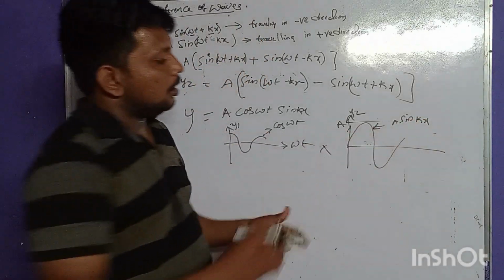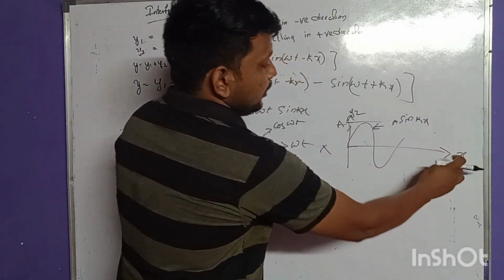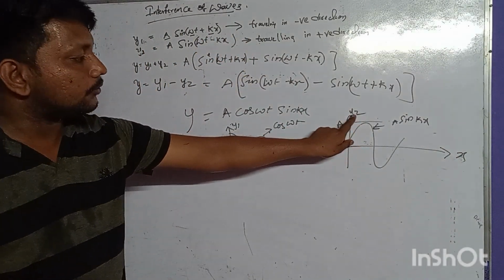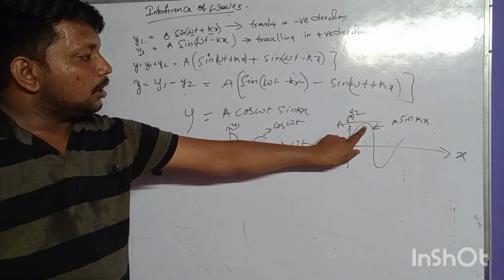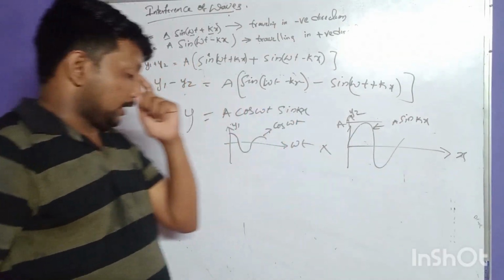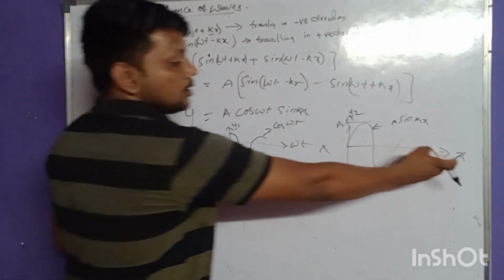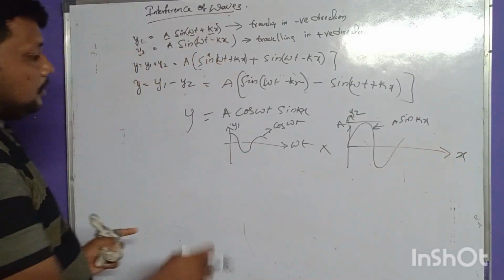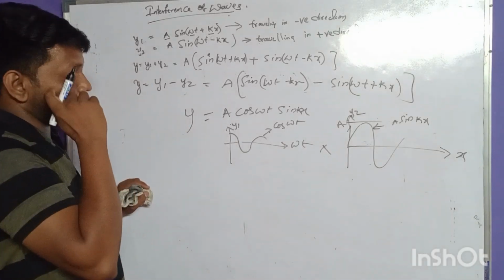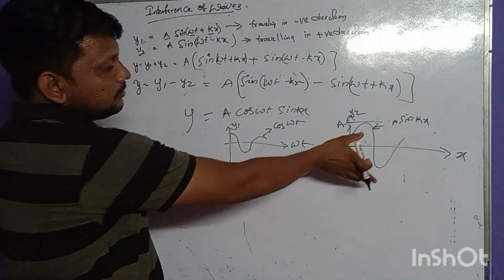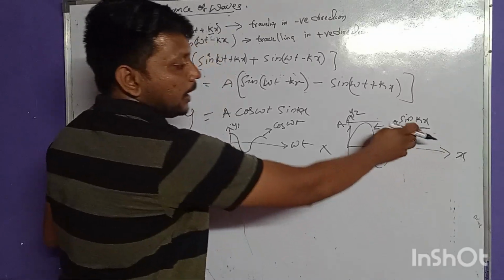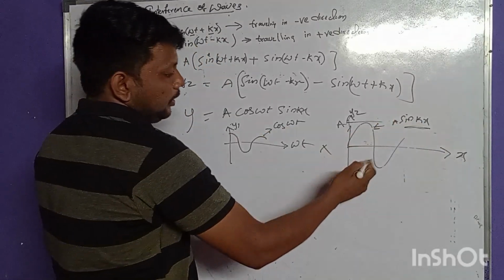This is the displacement-position graph. That means the particle of the wave with respect to position, that is, with respect to distance. This is the position of the particle with respect to time. This wave is constant because there is no time variable here.